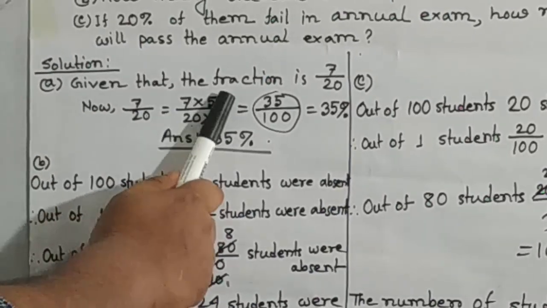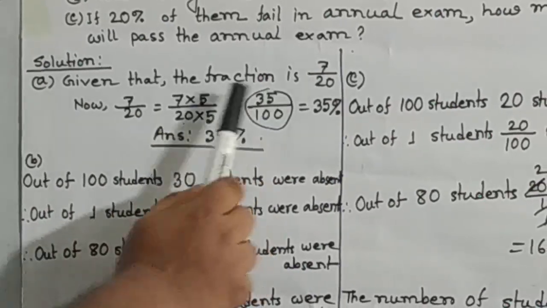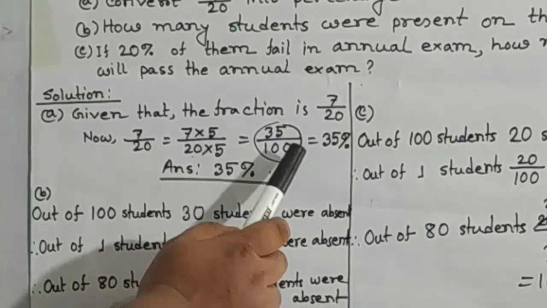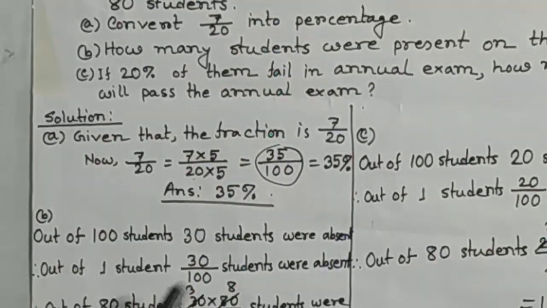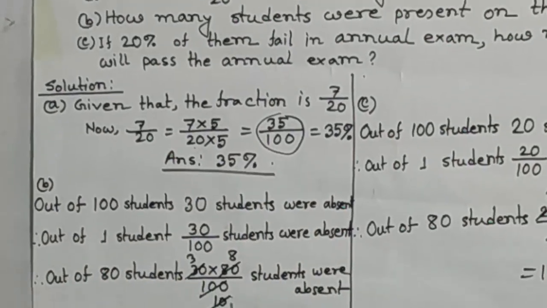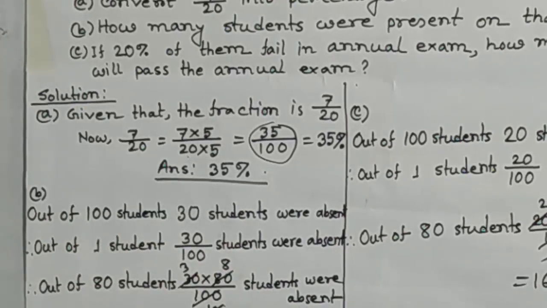So 7 multiplied by 5, 20 multiplied by 5. 7 fives are 35 and 20 fives are 100. Again we know that percentage means 1 by 100. So we can write from this fraction 35%. This is the answer. Students, you should bear in mind that you must write the answer.